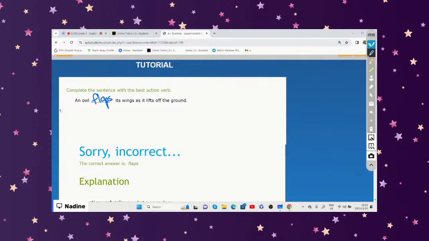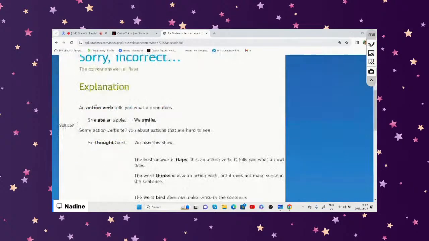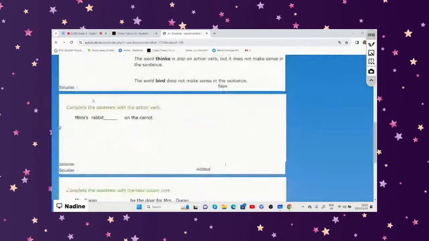But as soon as you, let's say, flap your arms or do some movement with the arms, then you are going to go up, and your head will again be above the water. So flaps is correct. Well done. So birds and owls, they flap their wings.